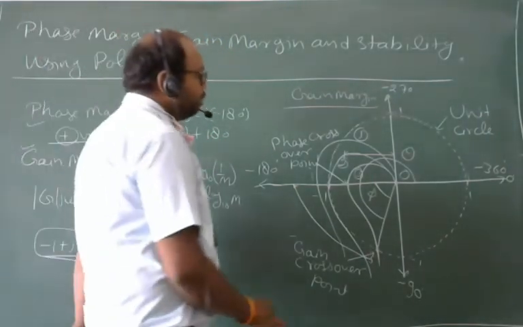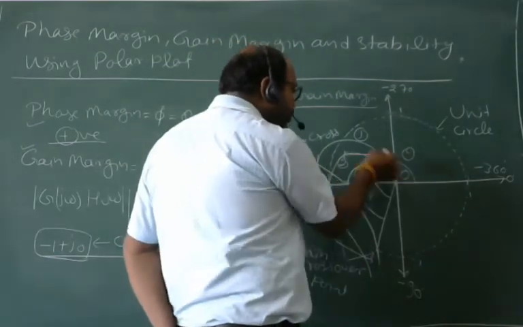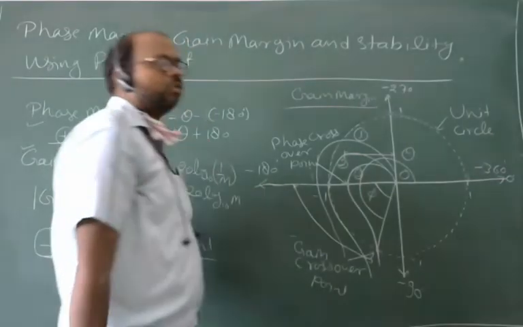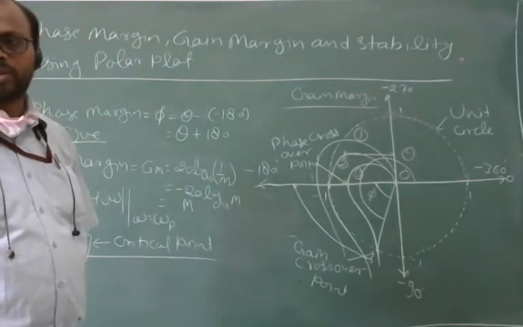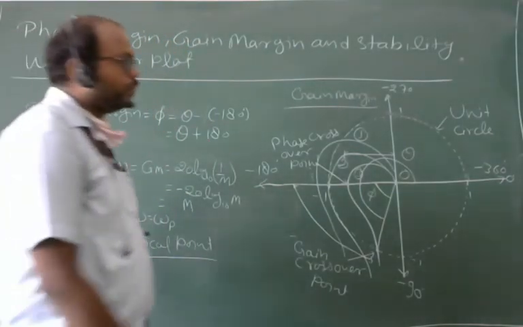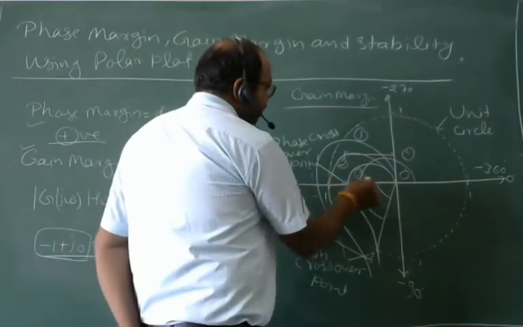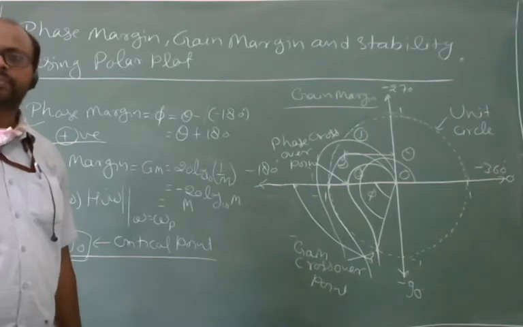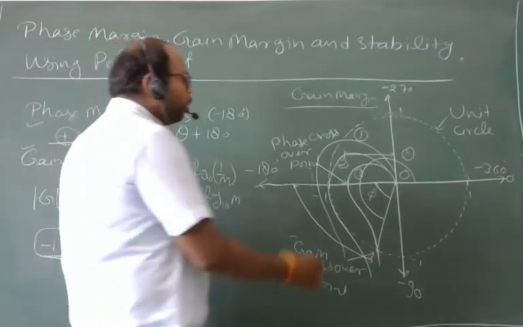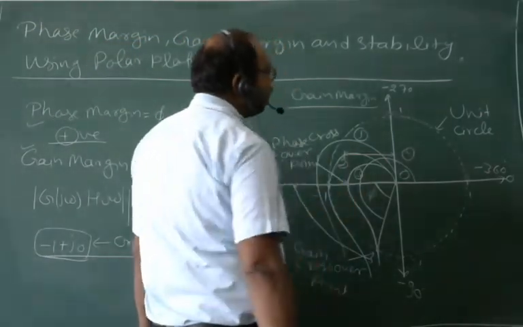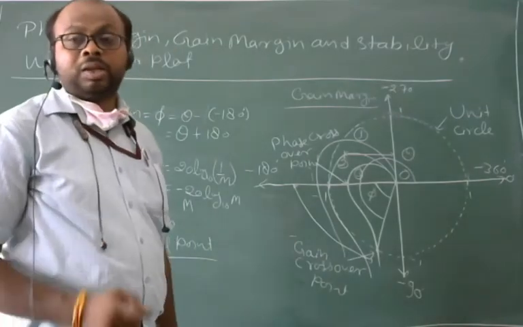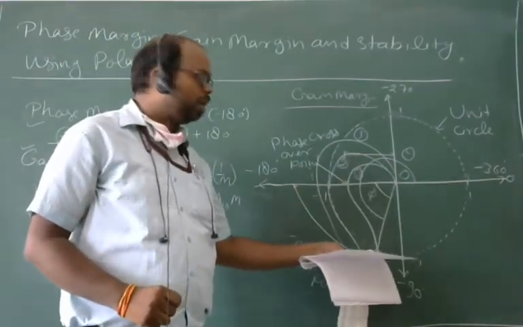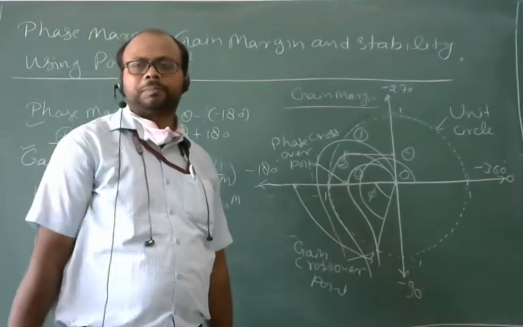But the polar plot will never intersect this unit circle in the third quadrant if this point is inside this polar plot, right?